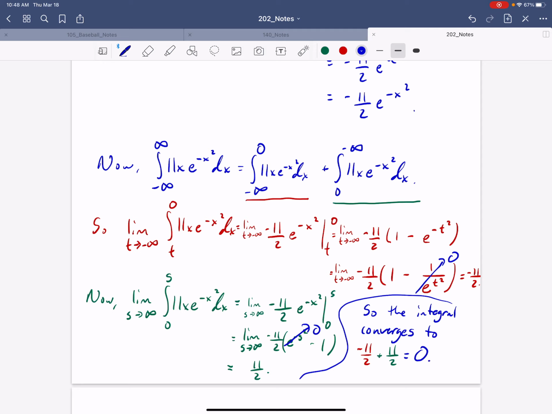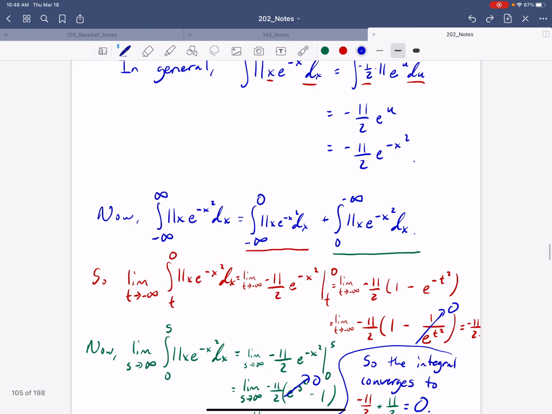This isn't just areas. You can have positive and negative area. So it looks like the answer is 0. Actually, that makes sense because the x right here is going to make it negative when you're on a negative interval and positive when you're on a positive interval. The function should be symmetric, so the answer of 0 makes perfect sense.